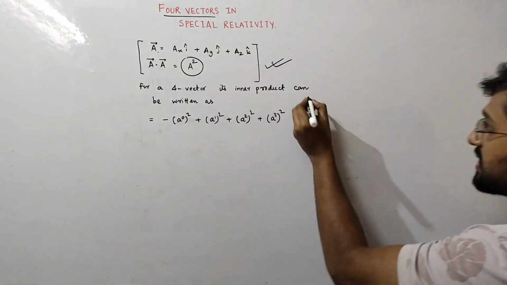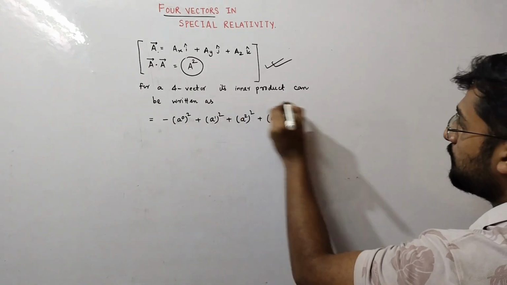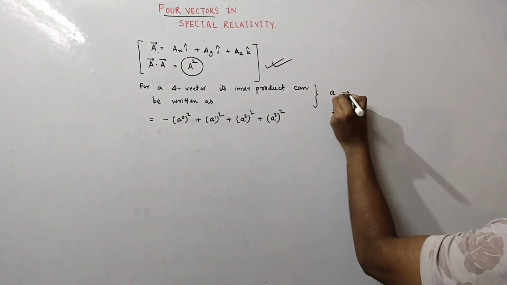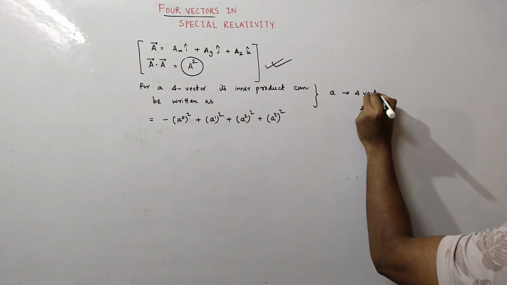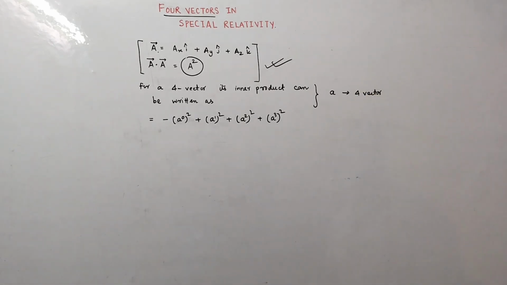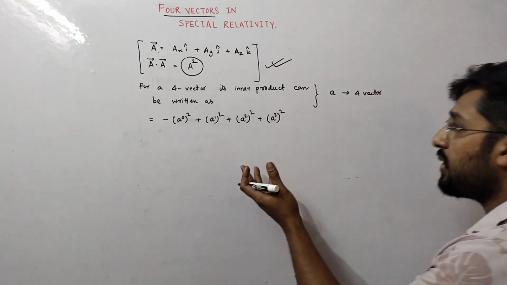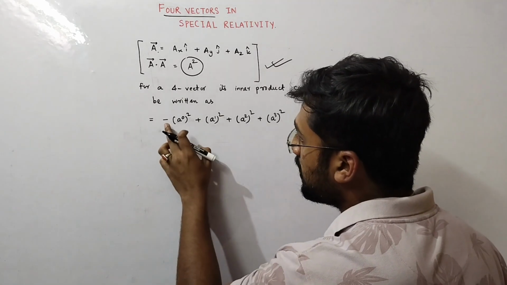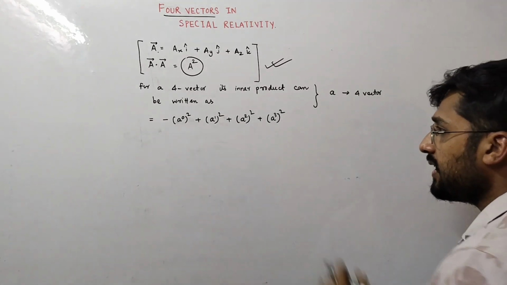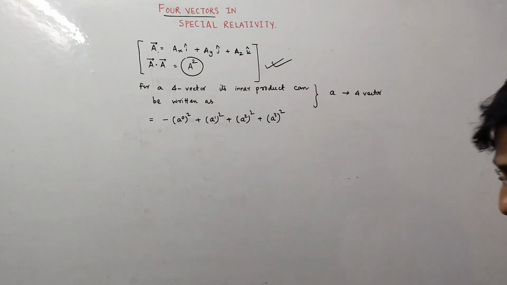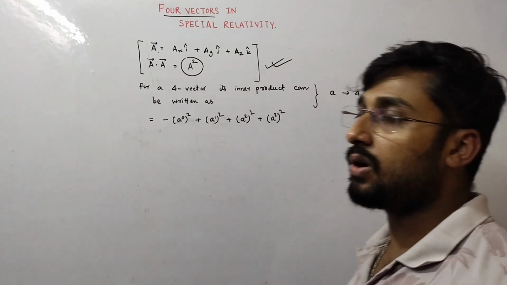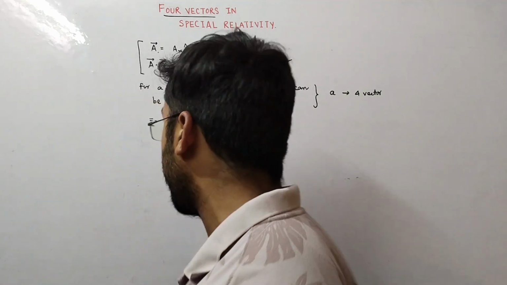Suppose A is a 4 vector, and I am trying to write down its inner product. So its inner product is usually written in this form. Now why do we have the negative sign over here? It is because of the choice of the metric that I have used.